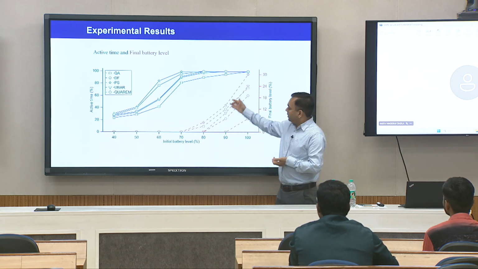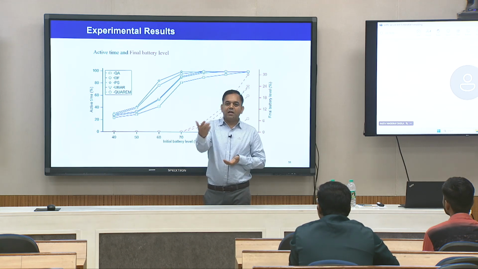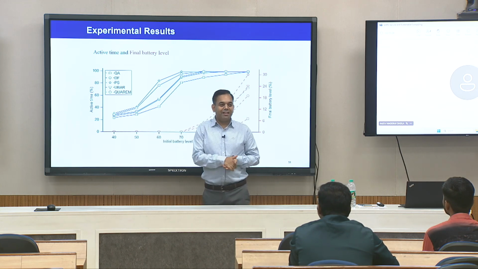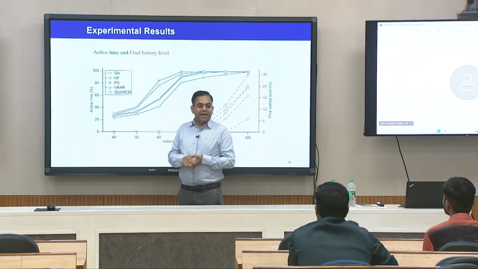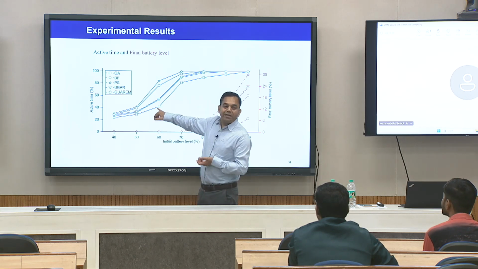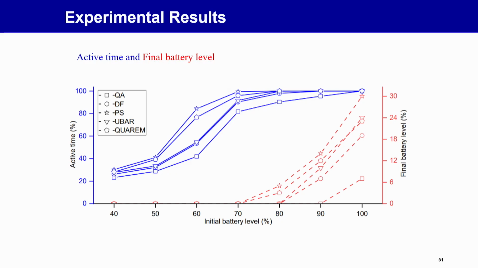But if you are starting with 60%, like I said, if you started the morning with 60%, by 5 p.m. you will have no battery left. And you can see how much time you can be active. If you started with 60, you cannot be active after this, maybe by 3 or 4 p.m. your battery is gone.